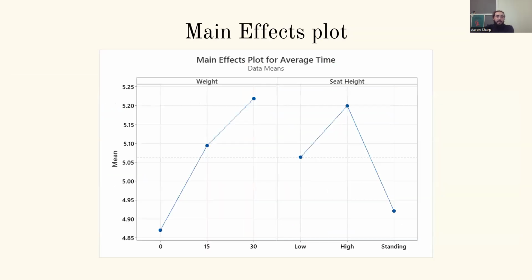We see additionally within the main effects plot that 0 pounds to any other, 15 or 30 pounds, does have a significant difference, although the difference between the 15 pound and 30 pound is not as significant. We also see from the seat height plot the same thing, with low being in the middle, high being the slowest, and standing being the fastest.